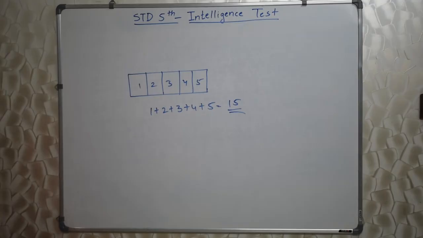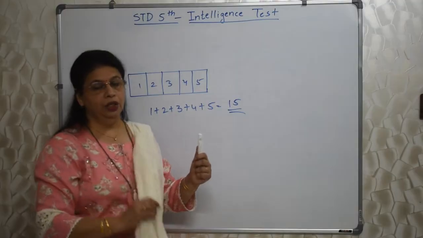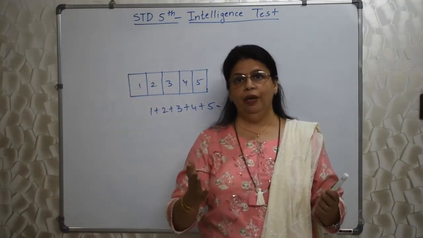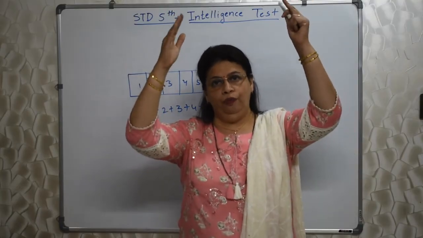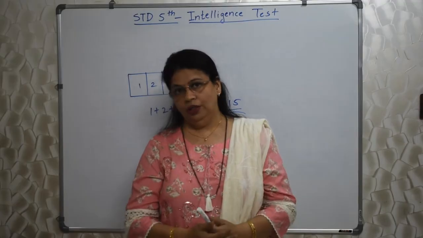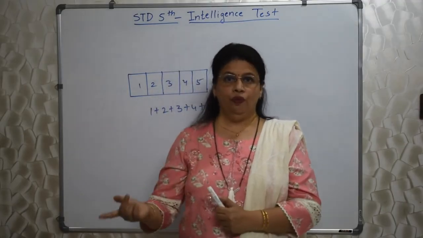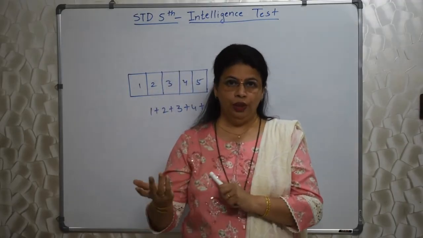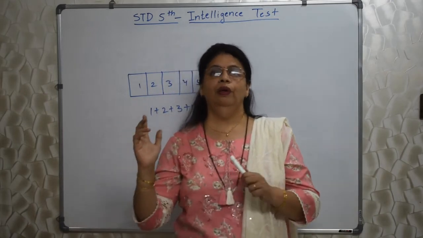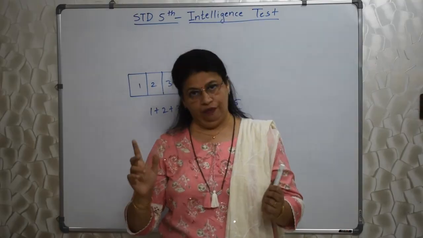Okay? Water image, mirror image, 100% question will be there. You know, water image means whatever is on extreme top will go extreme down. Left and right will not change, right? In case of mirror image, exactly ulta, top and bottom will not change, only left will become right and right will become left.